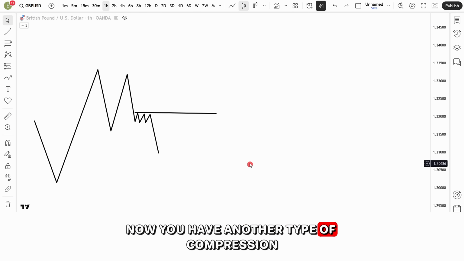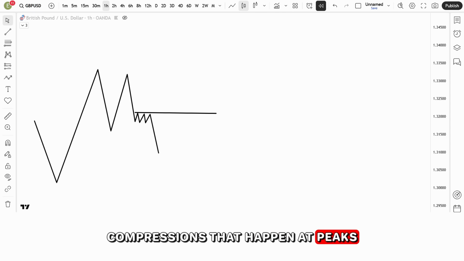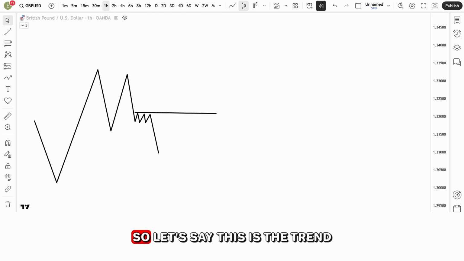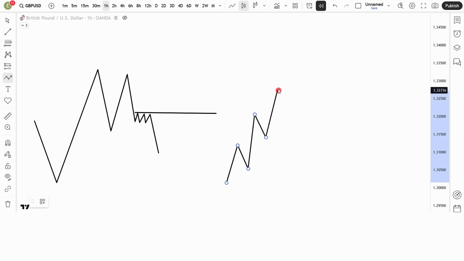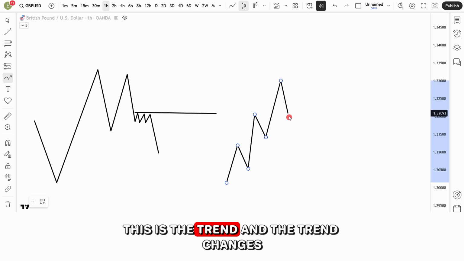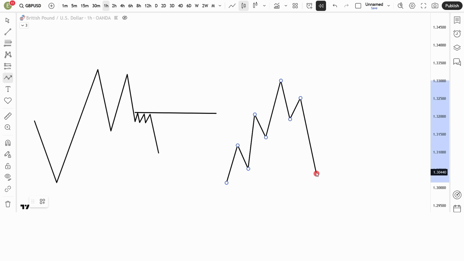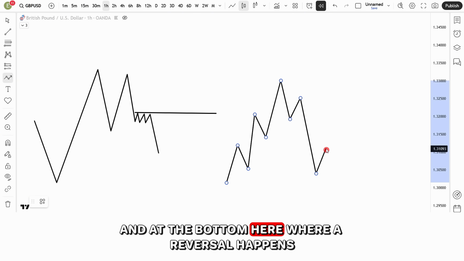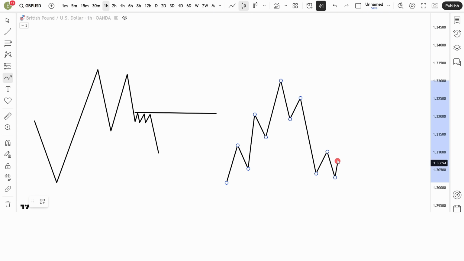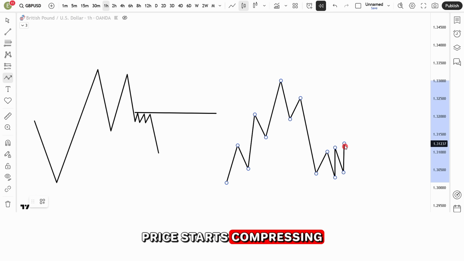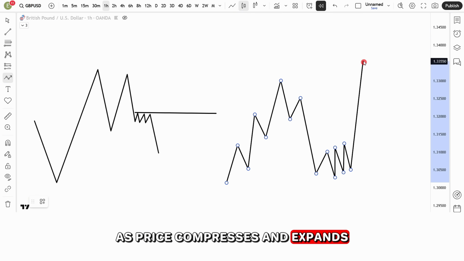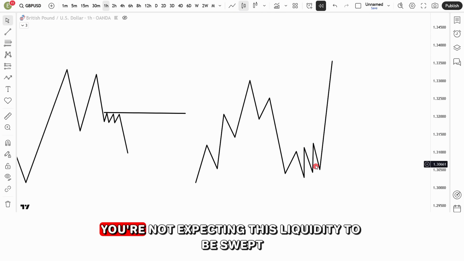Now you have another type of compression, compressions that happen at peaks. So that happens at major swings. So let's say this is the trend, and the trend changes. And at the bottom here, where a reversal happens, price starts compressing. As price compresses and expands, you're not expecting this liquidity to be swept.